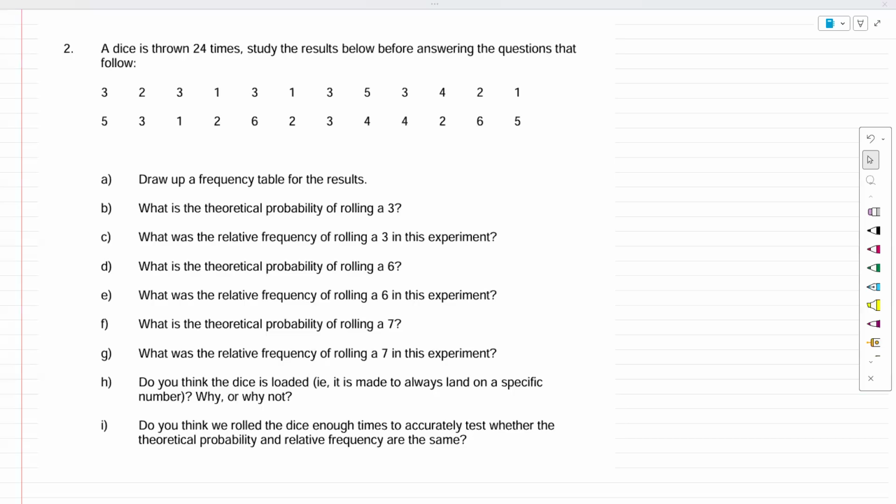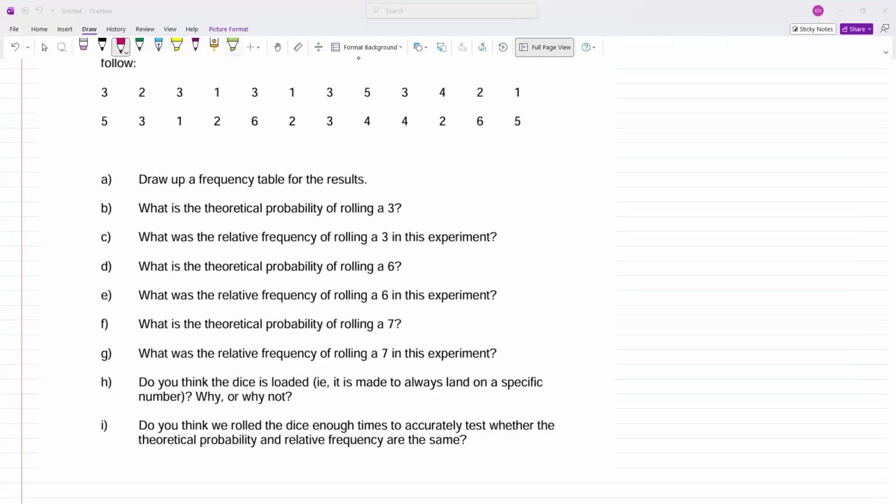Okay. I think questions like this is a little bit easier to deal with, especially to explain relative frequency so you guys can see what's actually happening. But let's take this experiment. A dice is thrown 24 times, and they want us to study the results before answering the questions. So the first thing I should do is draw a frequency table, right?